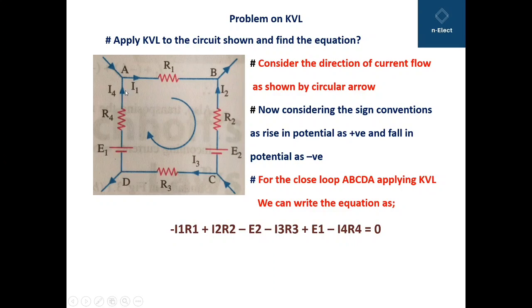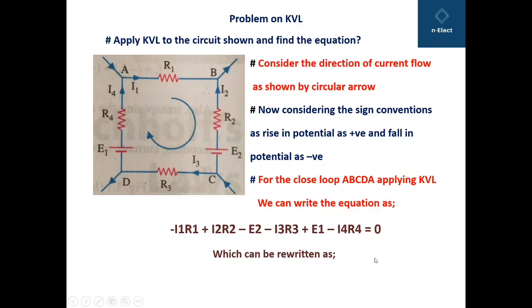When going from D to A, we go from negative to positive, a rise in voltage, so plus E1. The voltage drop across the resistor R4 is I4 into R4, and since the current goes from positive to negative, it is a fall in voltage, so minus I4 R4, equal to 0. This way we have completed the equation for the complete loop.